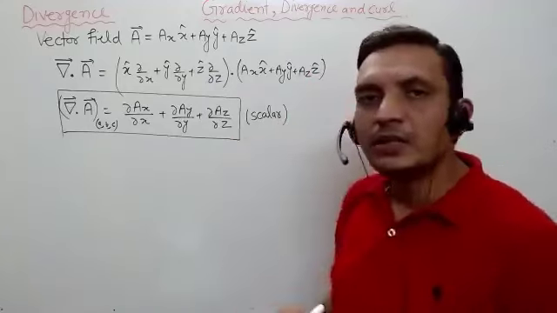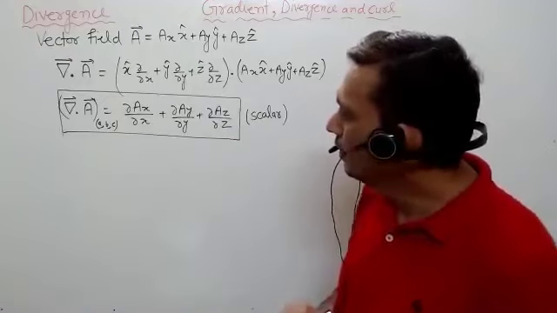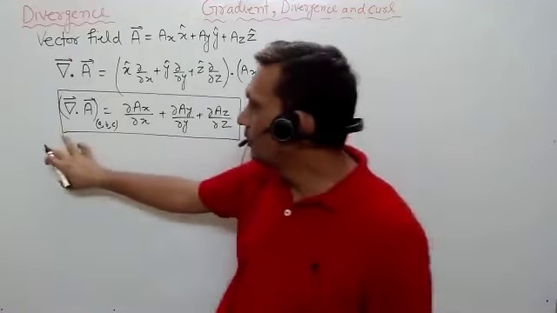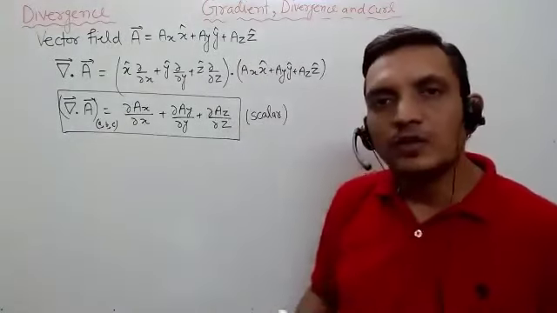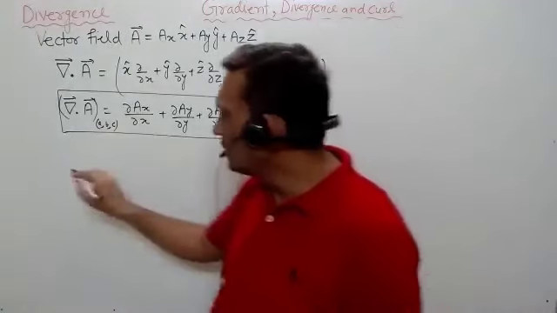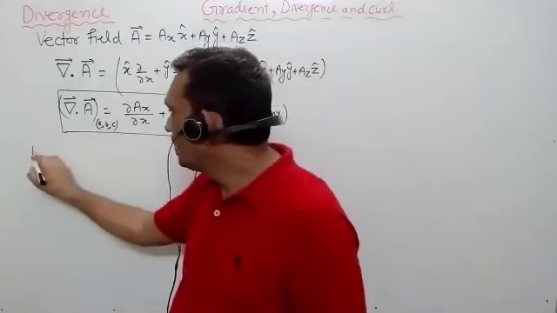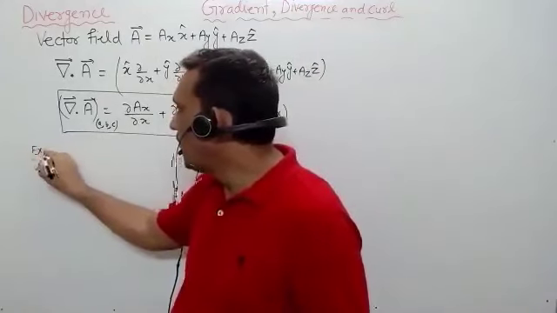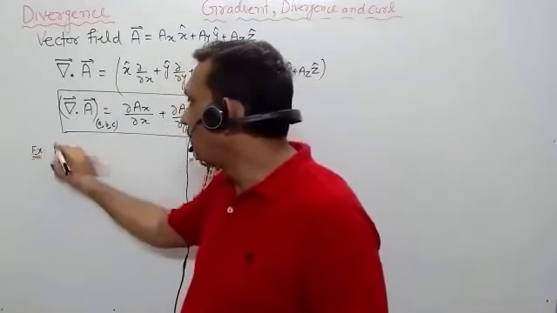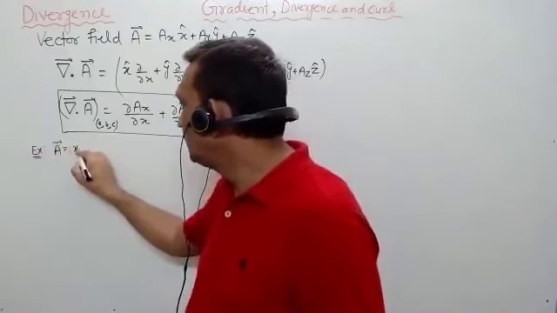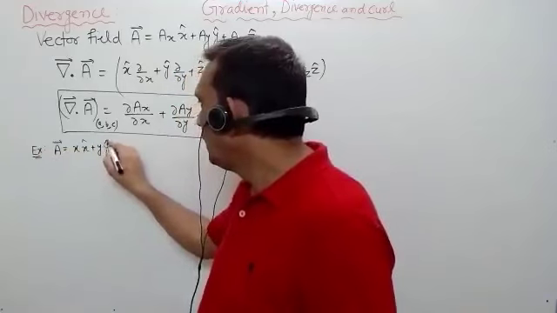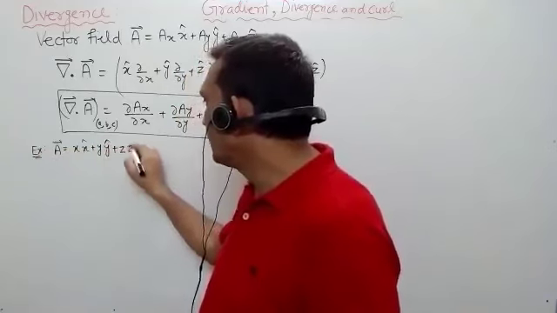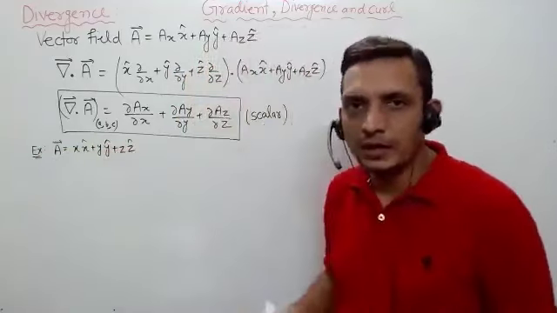Now what does divergence represent? So we will take some vector field and then we will see what divergence represents. Let us take some example. This is the vector field x cap, y cap, z cap. Consider this vector field.